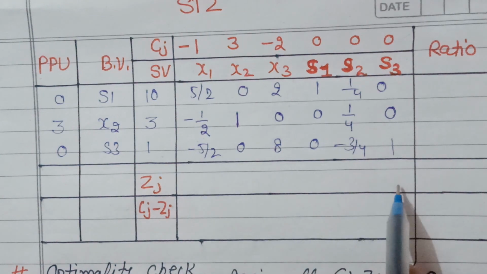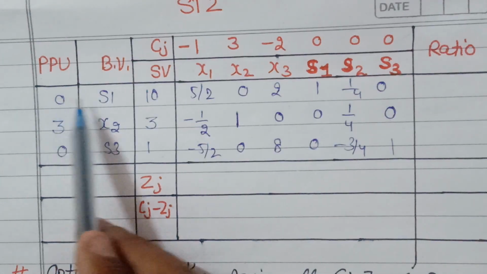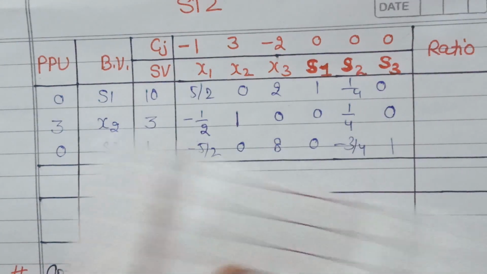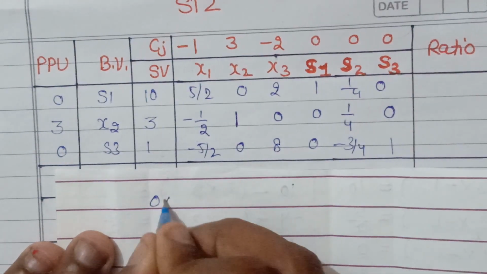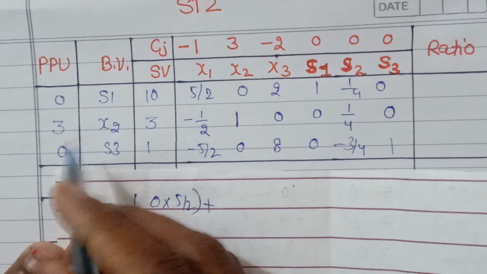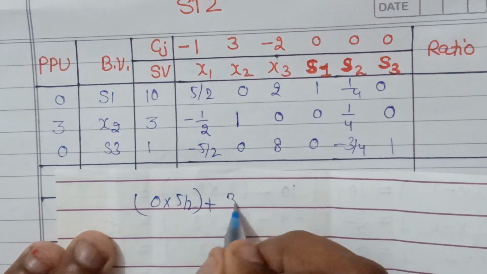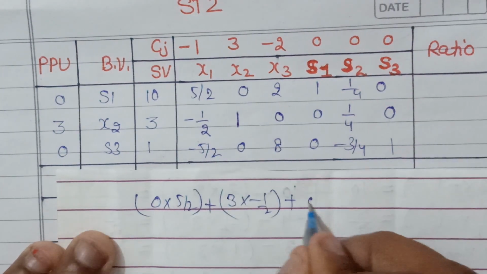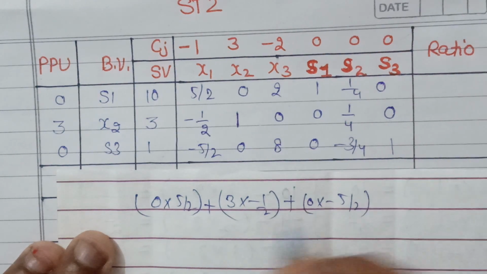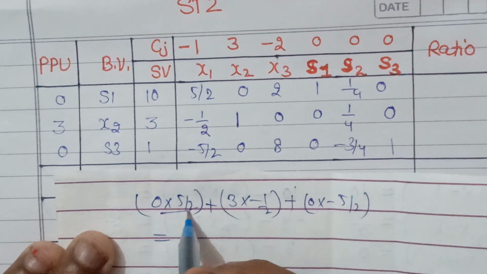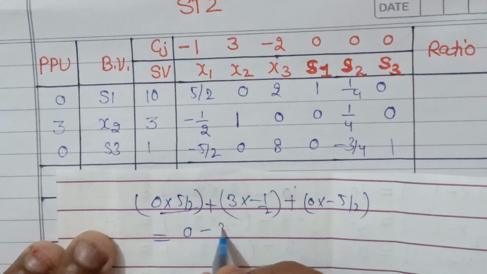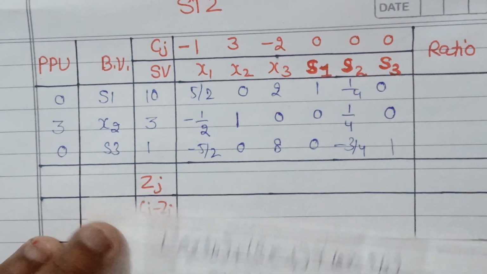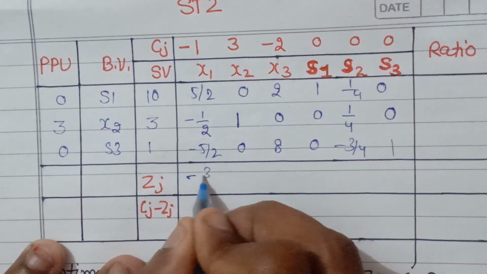So if you multiply this 0 with 5 by 2, then 3 multiplied with minus 1 by 2, and then 0 multiplied with minus 5 by 2, the result will come out as 0, minus 3 by 2, 0, so the total will be minus 3 by 2. So let us write here a value of minus 3 by 2.